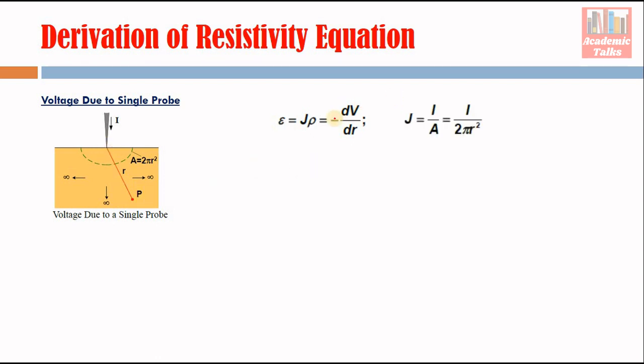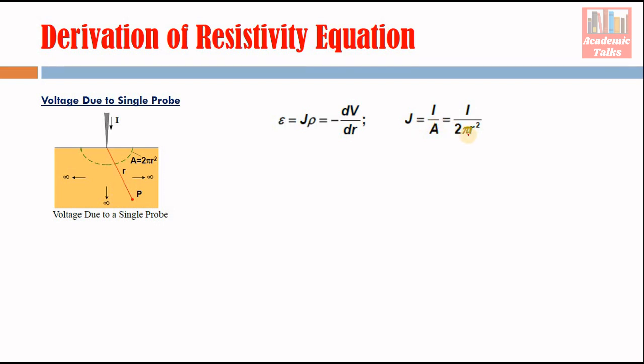Now you know that current density is given by I divided by A. I is the current entering the material, and this current is distributed everywhere here. To find the current density, we have to find A, the surface area of this hemisphere, right? We already covered that A is given by 2 pi r square.